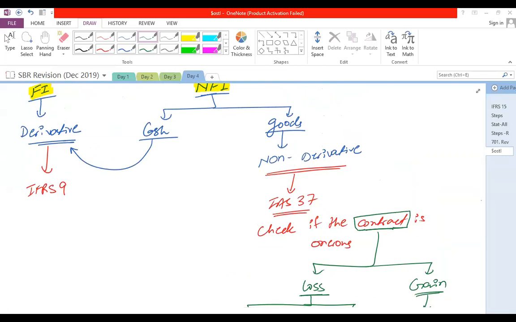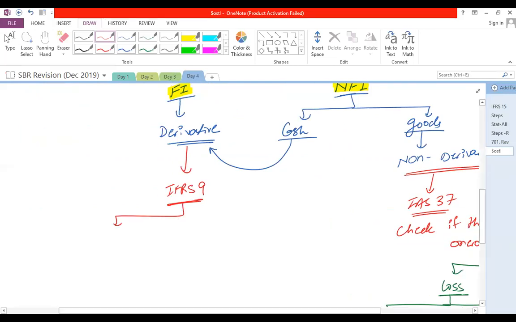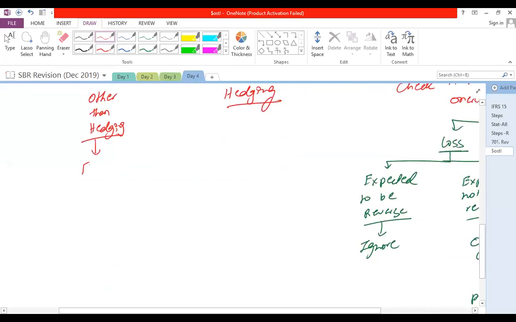And if it is a derivative under IFRS 9, then again there are two possibilities: this is a case of hedging or other than hedging, because a derivative can be used either for hedging or for other purposes. If it is other than hedging, then it should be classified in the fair value through P&L category.